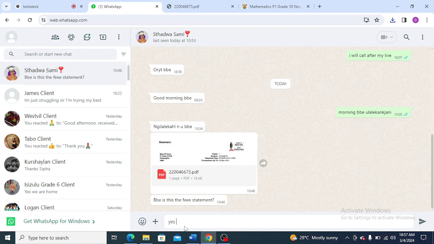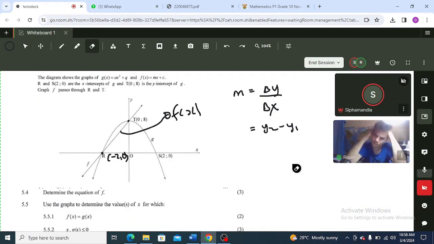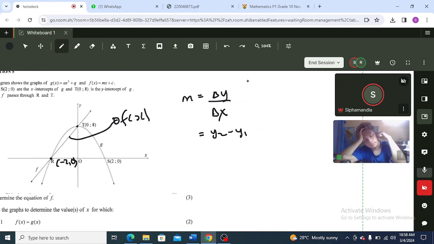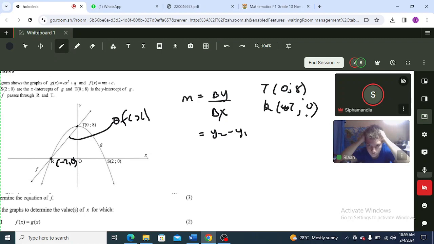When you are calculating this, let's firstly write the coordinates here. The first coordinate is the value of t here. So t is the coordinate (0, 8), and then r has the coordinate (-2, 0).